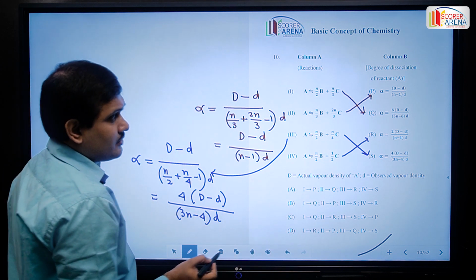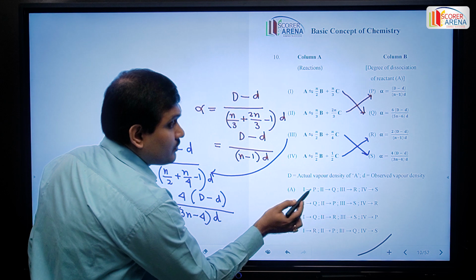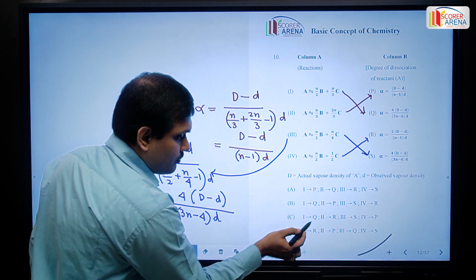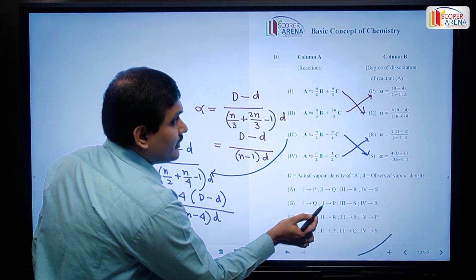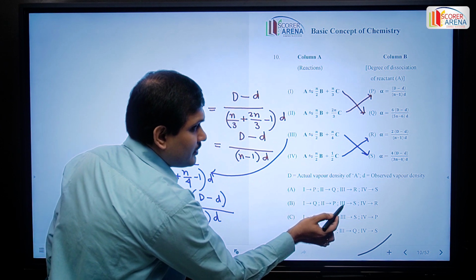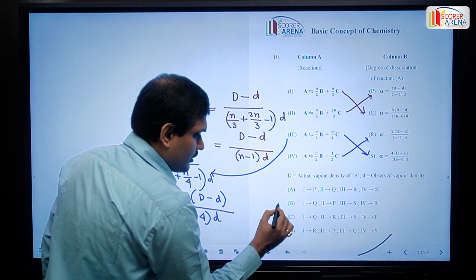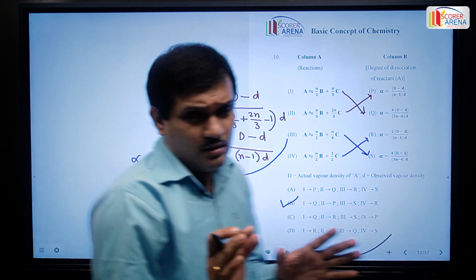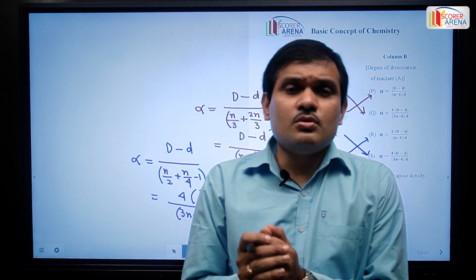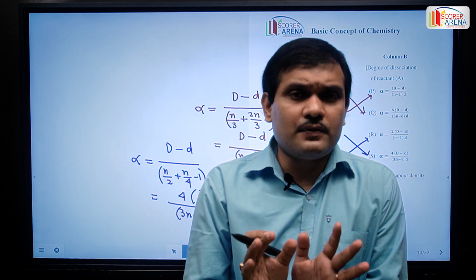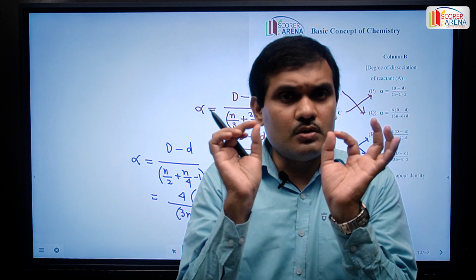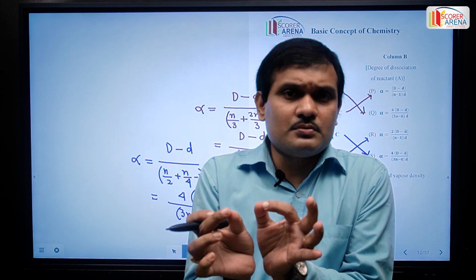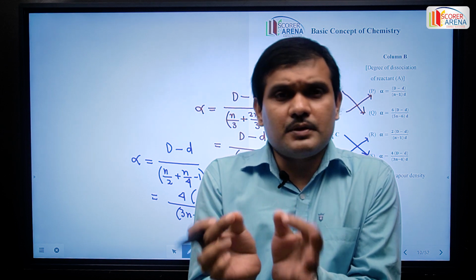So we have the correct option: 1 relates to Q, 2 relates to P, 3 relates to S, and 4 relates to R, so it will be the correct option B. So basically, to solve this problem, you have this concept that alpha is given in terms of the observed and theoretical vapor densities.